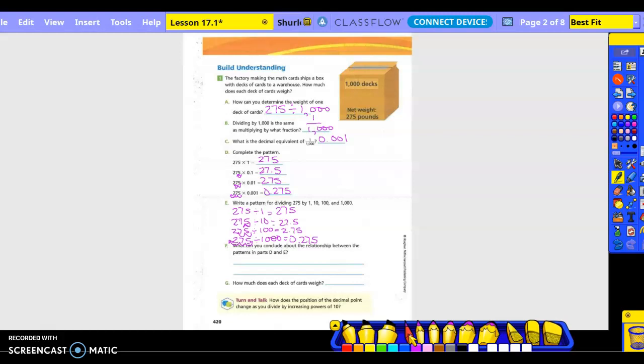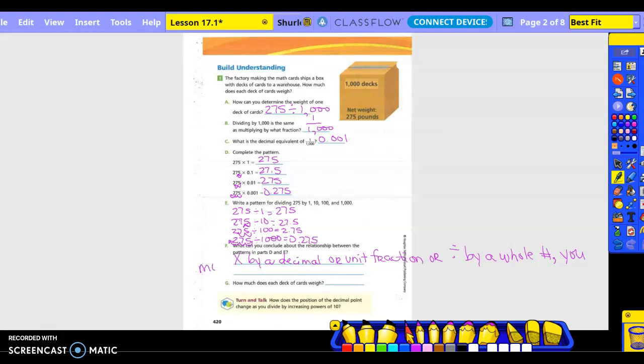So basically, if you're multiplying by a decimal or unit fraction, or dividing by a whole number, you do what?